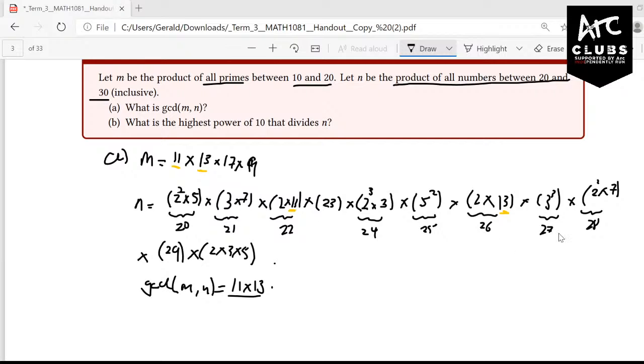Can we just say 13 is the GCD? Well, 13 isn't the GCD of m and n, right? Because 22 can be decomposed as 2 times 11.